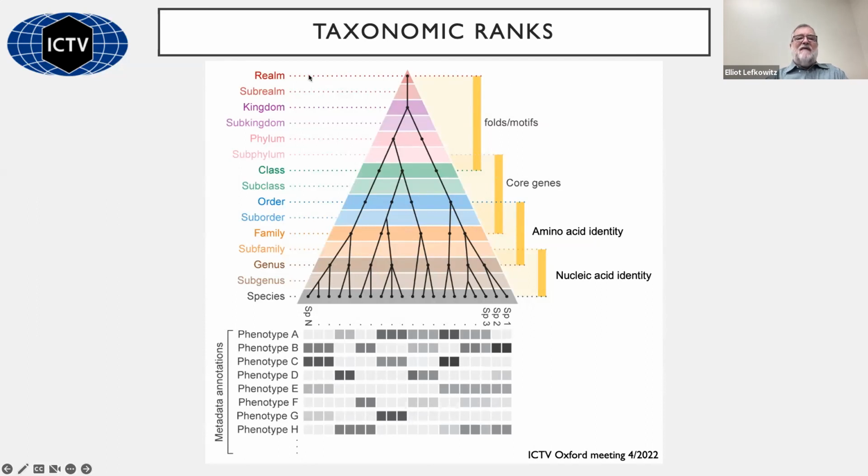At the higher levels, from phylum up to realm, we look at common functional motifs and common structural folds, because at these levels nucleic acid and amino acid identity have fallen sufficiently that you can't classify with them.